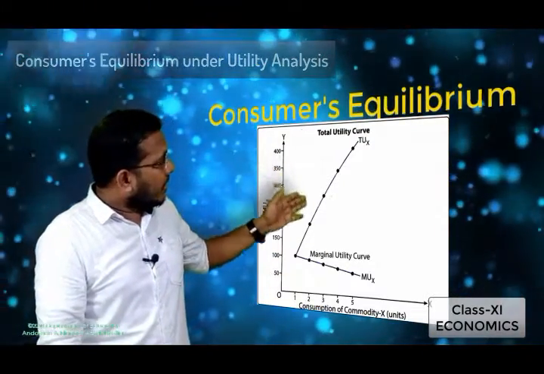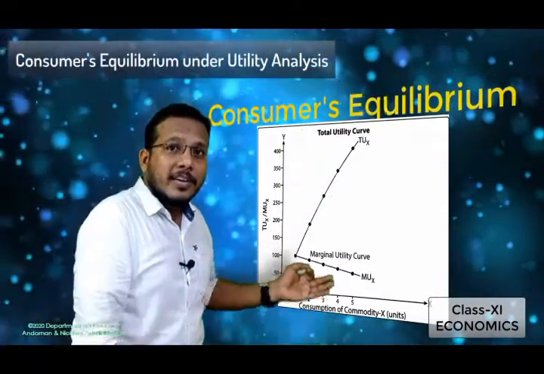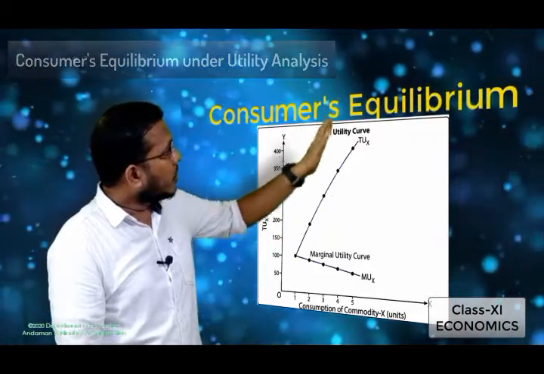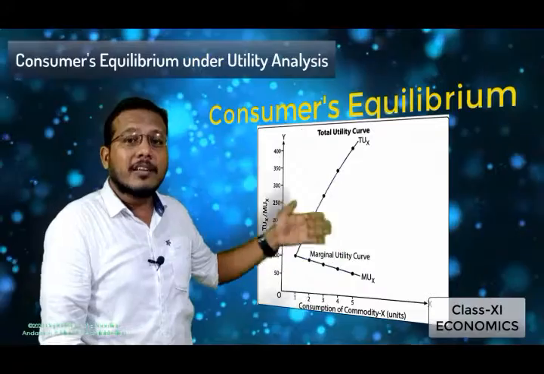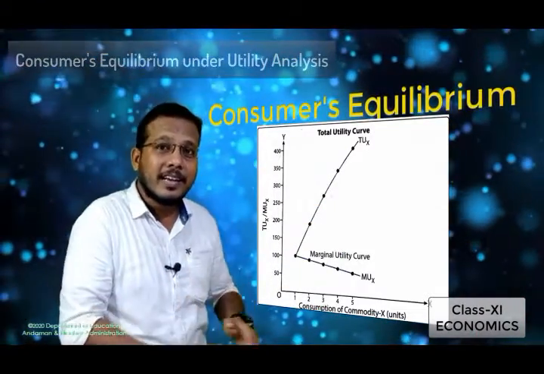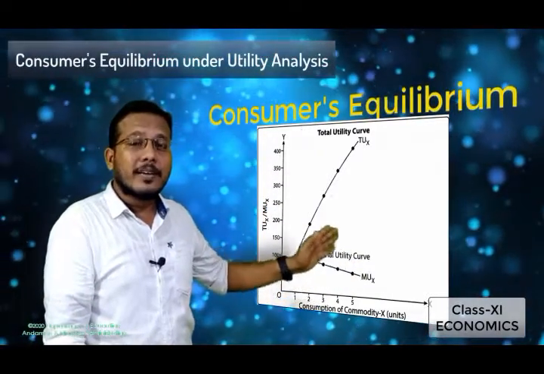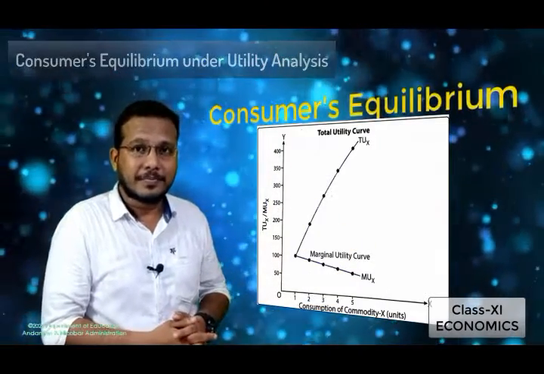With the use of additional units, TU increases. So you can see in the diagram, the TU goes upward to the right. So TU increases with every additional unit of the commodity. At the same time, we can see that the MU curve goes down. It moves downward to the right.